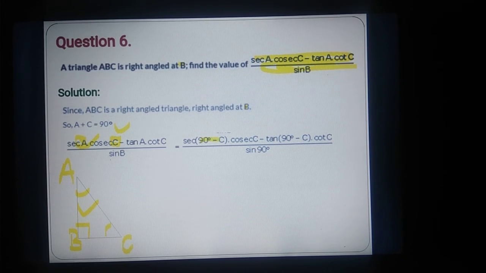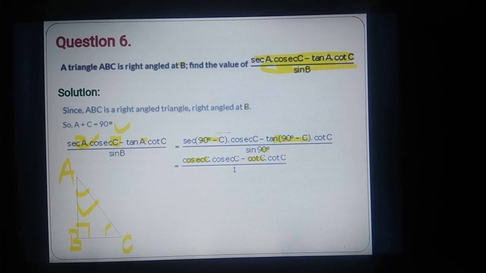Similarly, instead of this A, I can write 90 minus C. If I do that, I get sec of 90 minus theta, which equals cosec theta. We already have one more cosec out here, and similarly tan of 90 minus theta is cot theta. Similarly, cot C is also there.